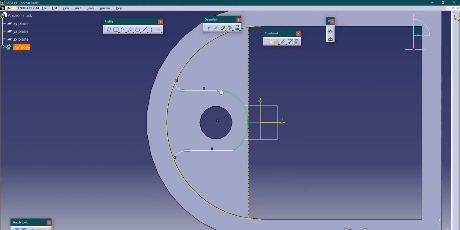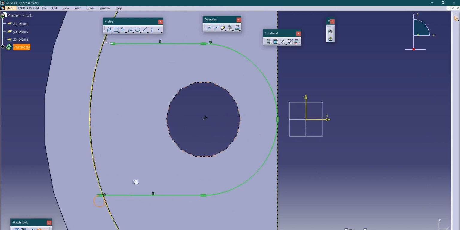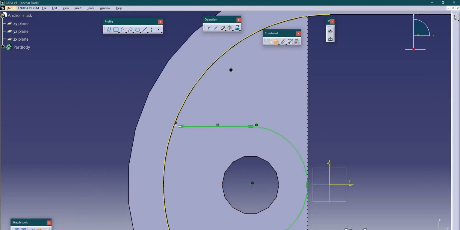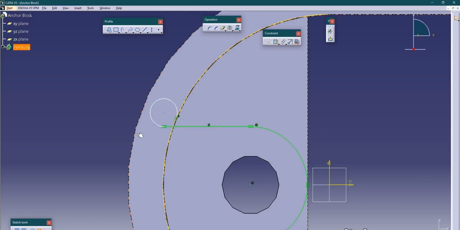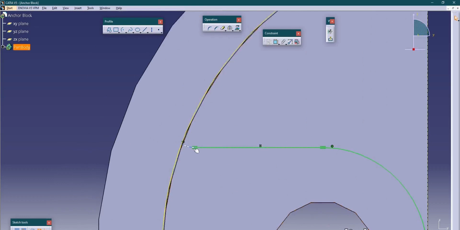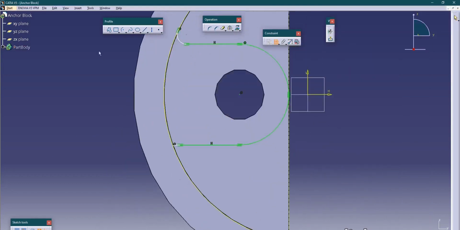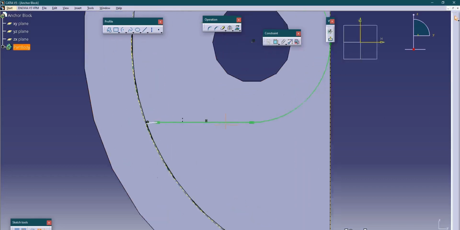Now giving the geometrical constraints. Manage it manually like this and then make it tangent. Same for this side.